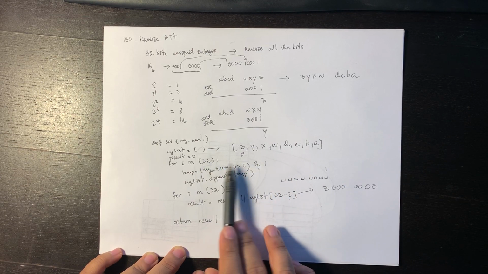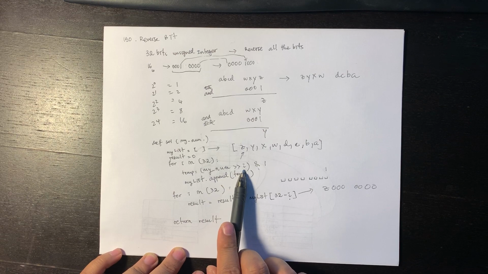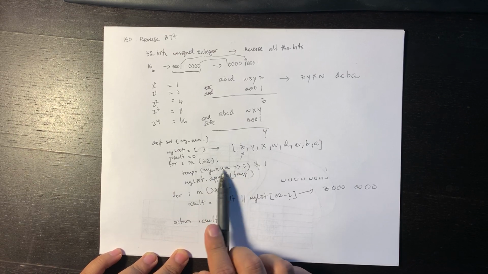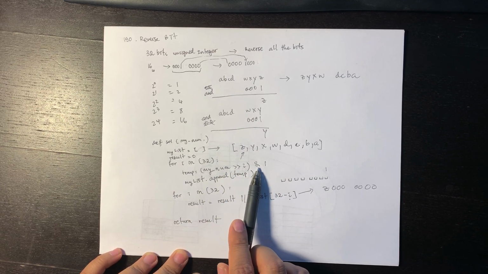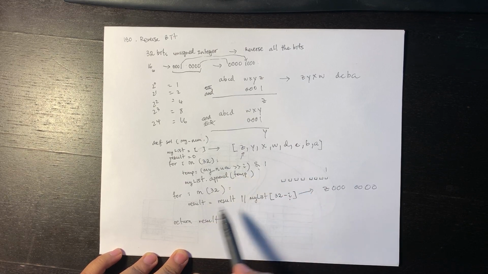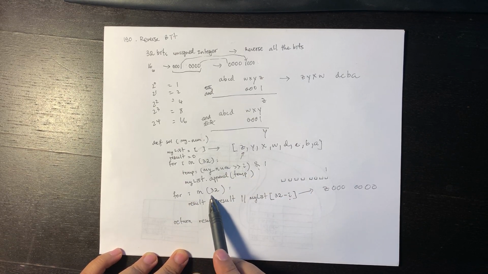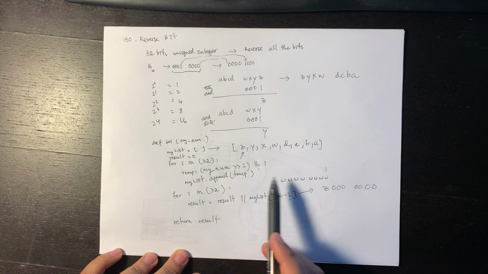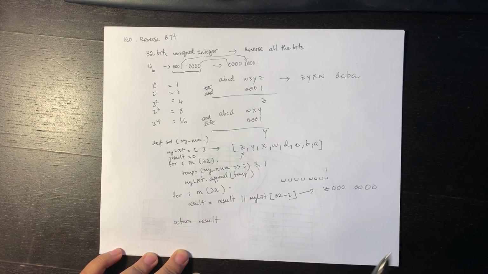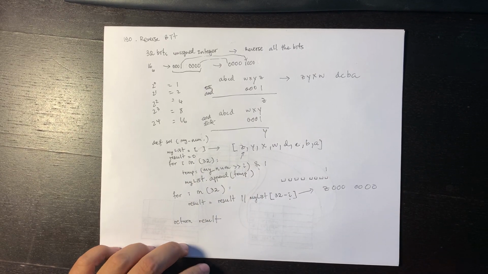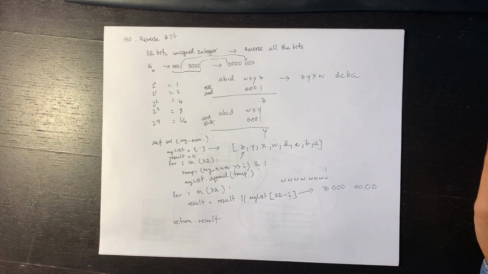We can keep shifting, and once my num is 0, we just exit, and instead of doing 32, we just do whatever the size of my list is. We'll see, but I think this should work for now.